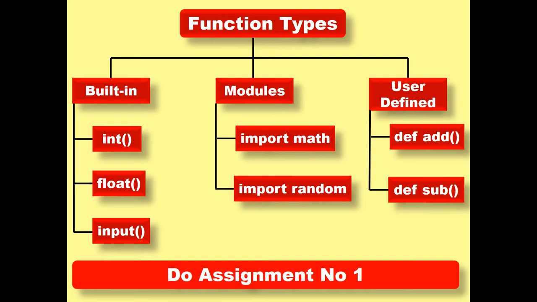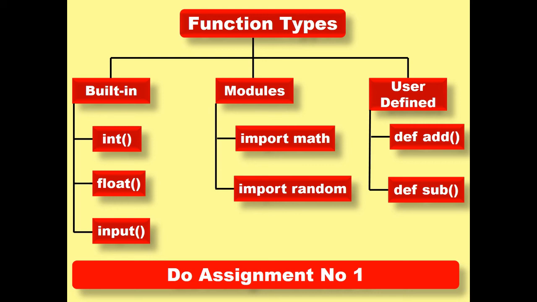Now we are talking about the next type of function, that is modules. In modules, for example, those are functions which are defined and stored in the system, such as import math.